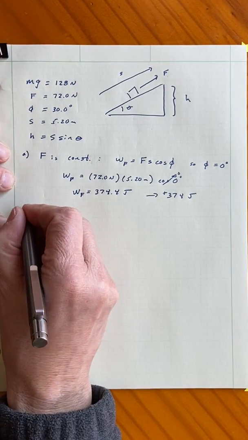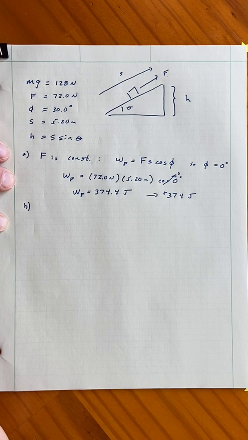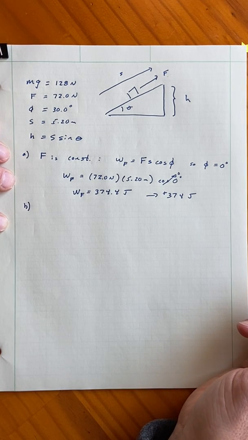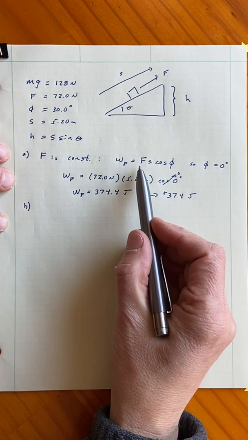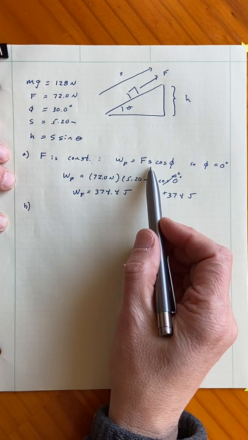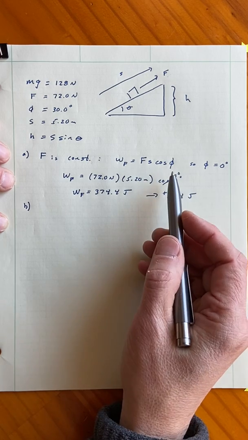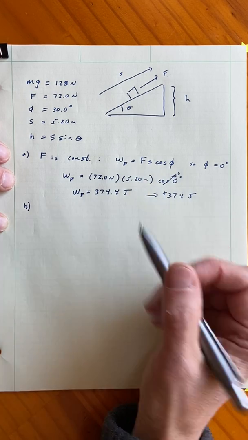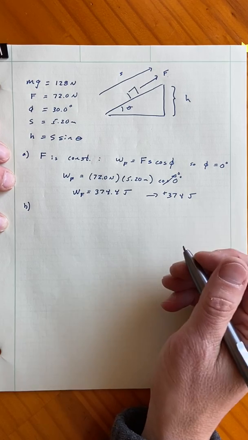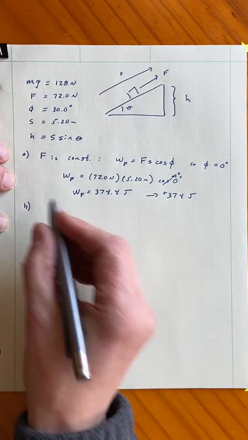Okay, so part B of the problem asks you to calculate the work done by the force of gravity. While it's true that the force of gravity is a constant force, and you could use the force times displacement method to calculate the work, it would be better if you got in the habit of calculating the work done by conservative forces, which gravity is, using potential energy.